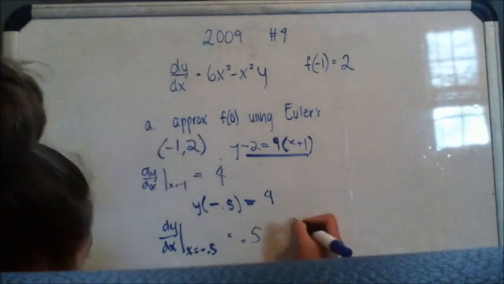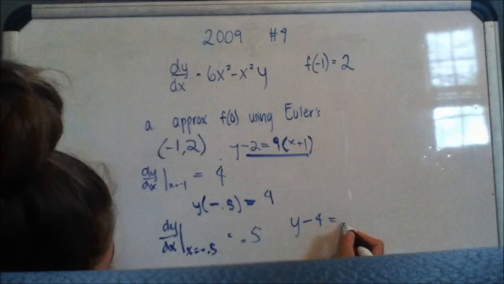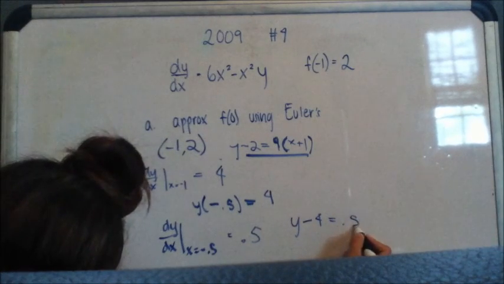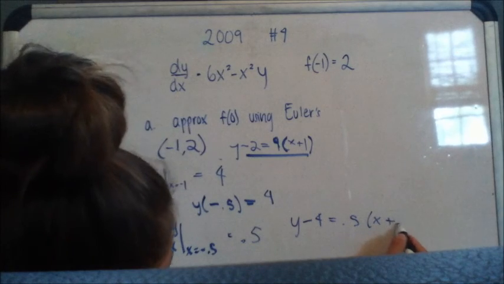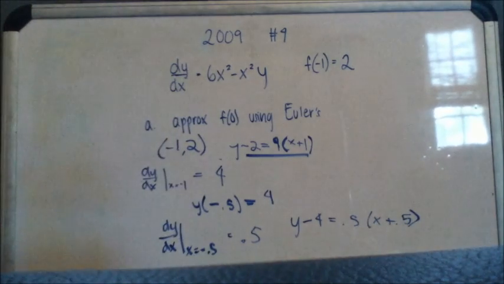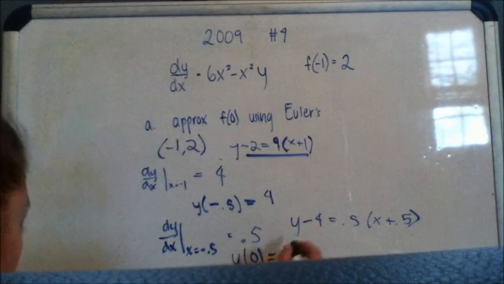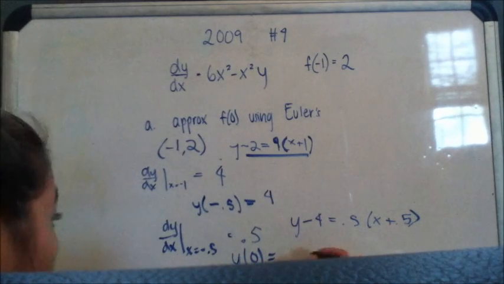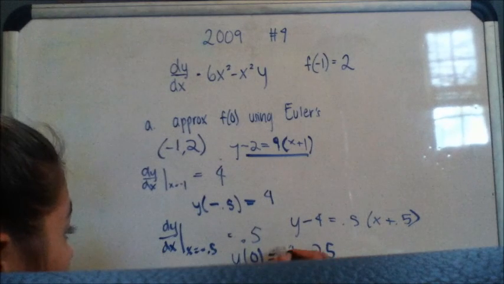And then we're going to plug it into the form: y minus 4 equals 0.5 times x plus 0.5. And then from there, we're going to plug in 0, because that's what we want to estimate, and we get 4.25. And that is our estimate.